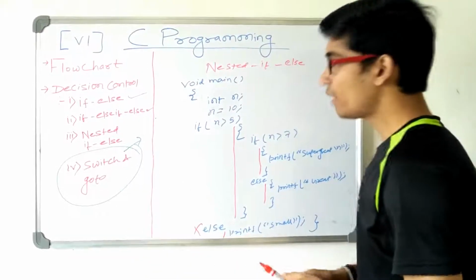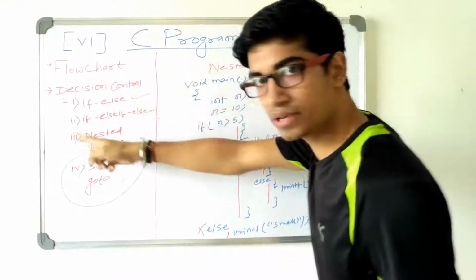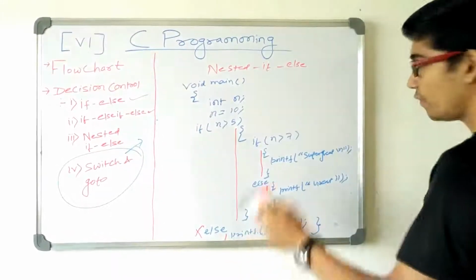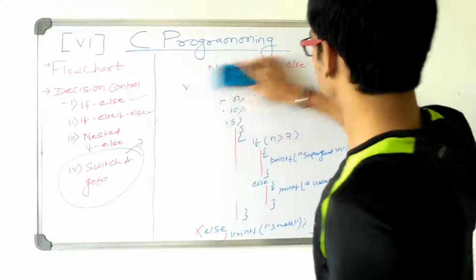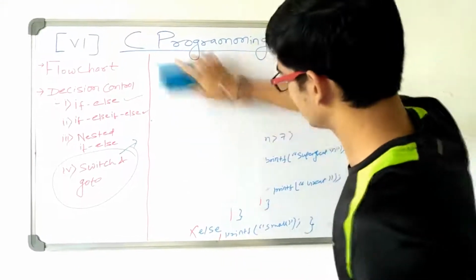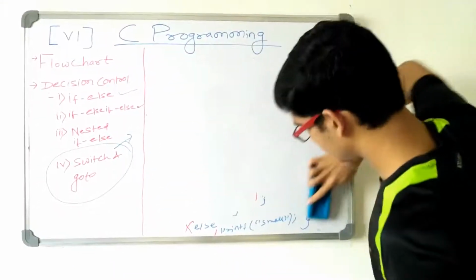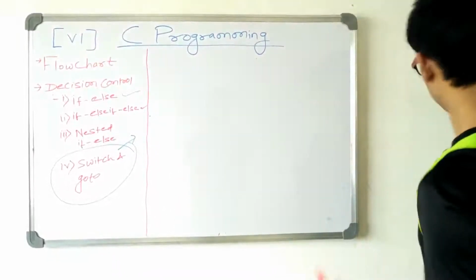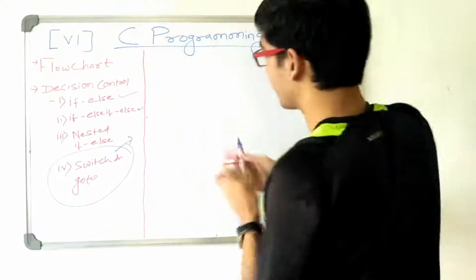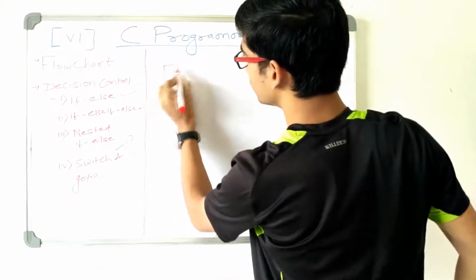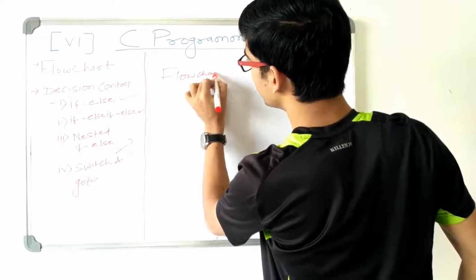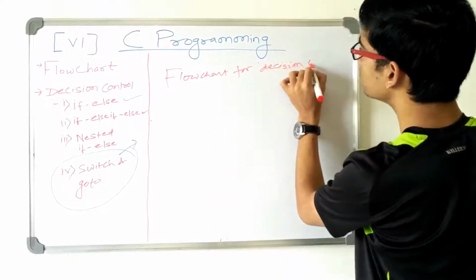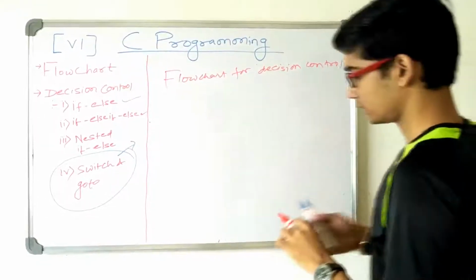Okay, and now when we know this decision control statement, we can draw a flow chart for this. See how we draw the flow chart. Flow chart for decision control.